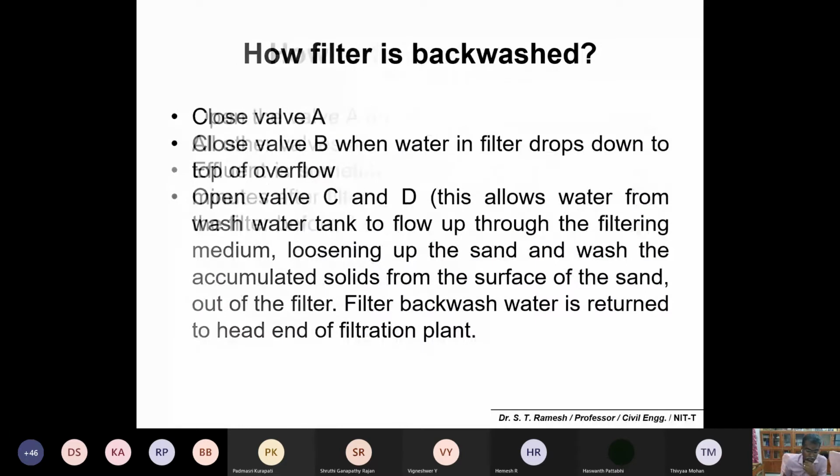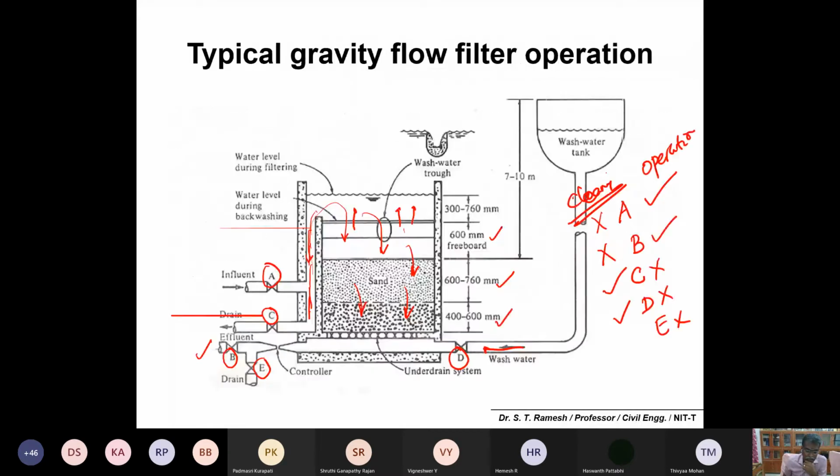Now, how to filter to waste. Imagine immediately after the cleaning, if I allow the influent to pass in, what will happen? There could be a possibility of muddy water, because all other valves are closed.